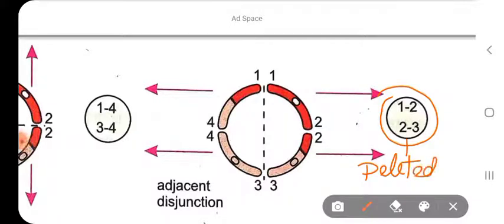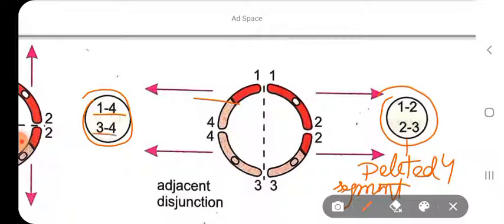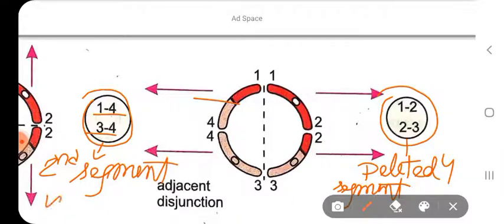So there is a missing 4th segment. And here also region 2 is missing. So this gamete is receiving 1 4 and 3 4. So the second segment is deleted, it is missing.